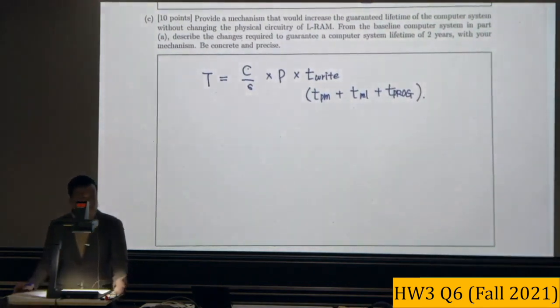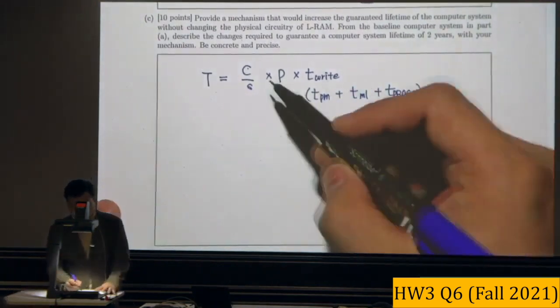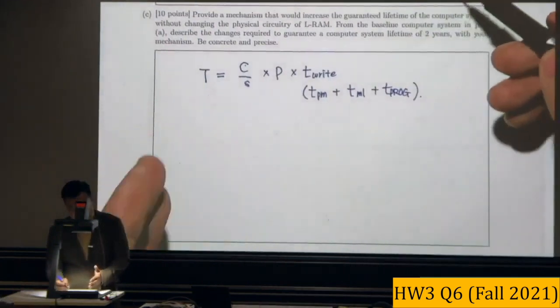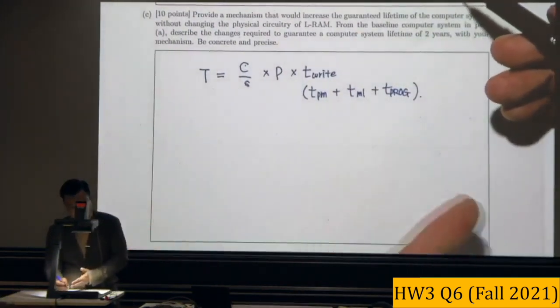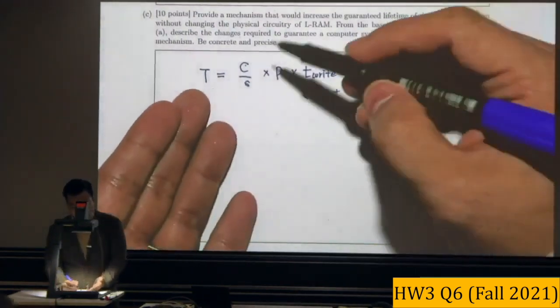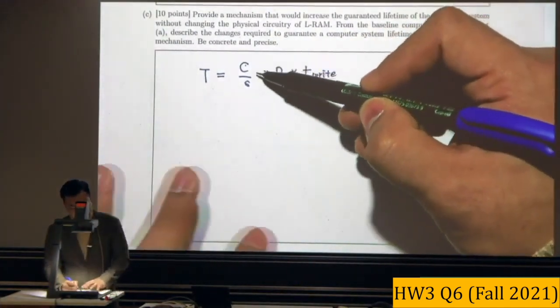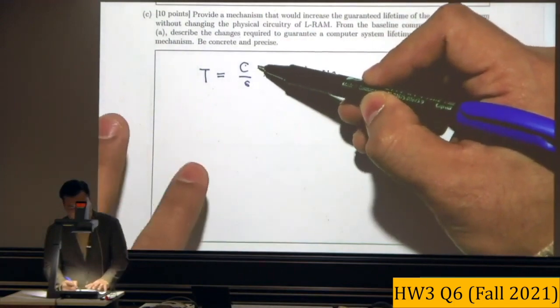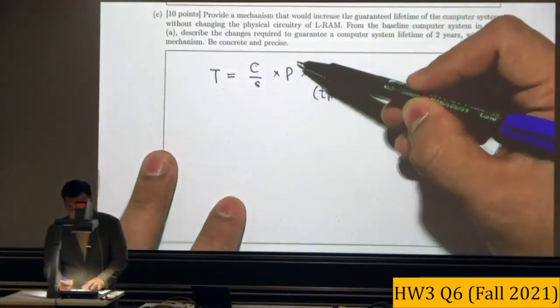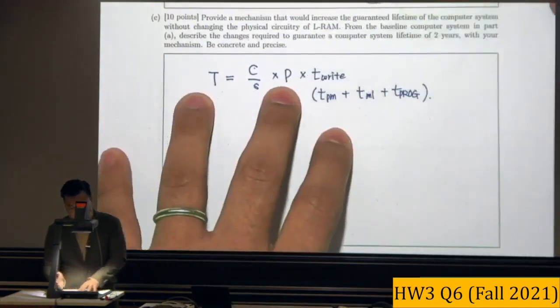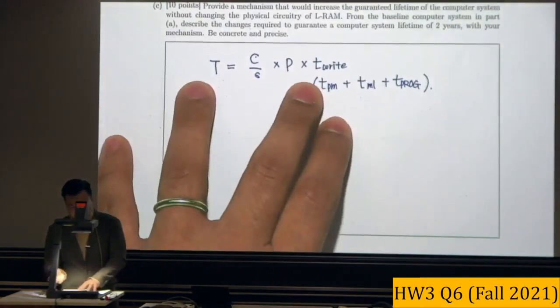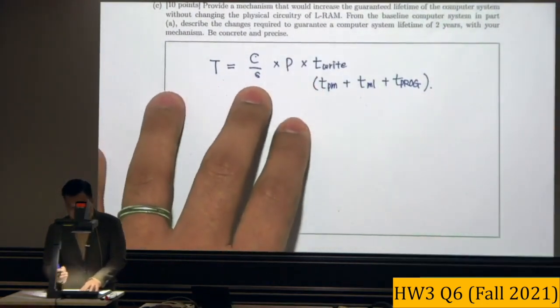Yeah, so we cannot change any circuitry of LM. There are a lot of ways to improve the lifetime. For example, we can improve the lifetime by improving the capacity, or limited programming cycles, or reducing the size.